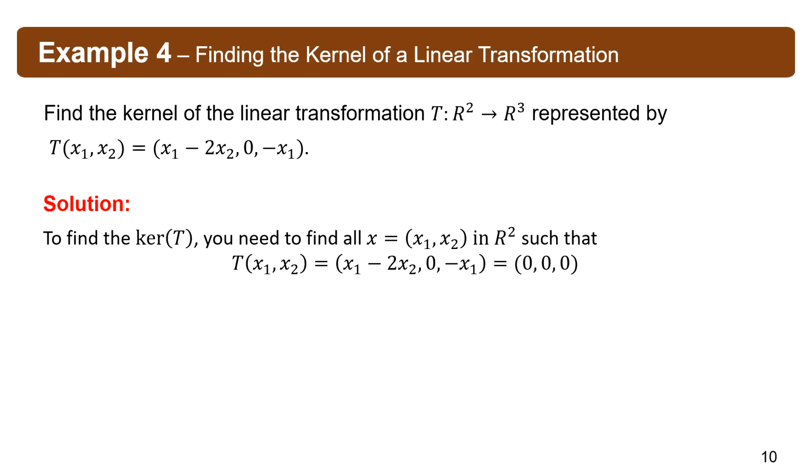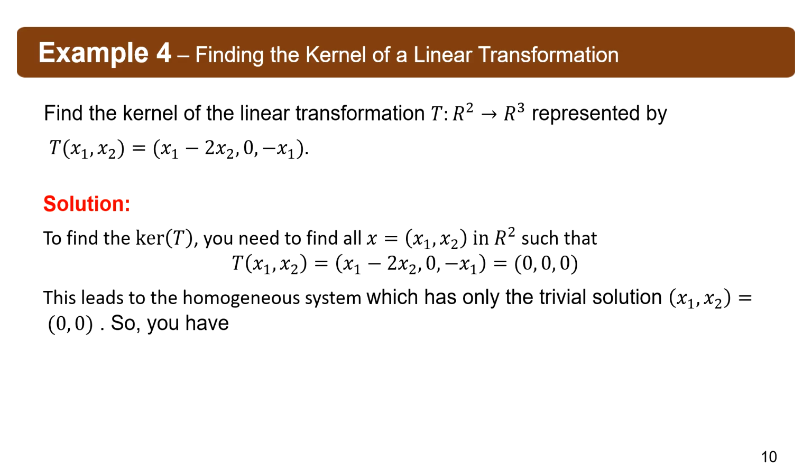So all the components here, x1 minus 2x2, 0, and negative x1, are equated to the zero vector (0, 0, 0). Remember, because we are getting the kernel. So with this, we have to equate x1 minus 2x2 to 0.